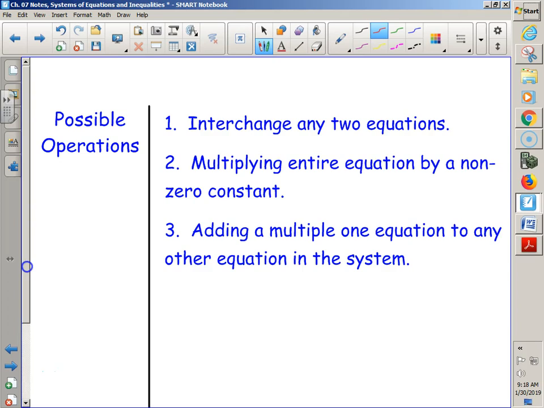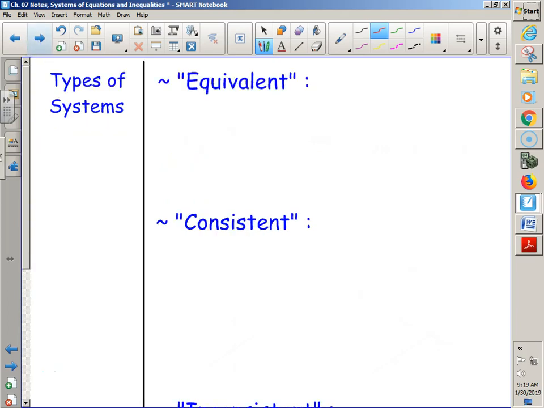Matrices say, give me a 3 by 3, a 4 by 4, a 5 by 5, 6 equations with 6 unknowns, and I'll solve it for you. It's pretty cool, because by hand, 6 equations with 6 unknowns sounds awful, right? So how is the calculator programmed to solve with matrices? Anyway, that's where we're eventually heading. But right here, this is what's legal. We can interchange equations, multiply whole equations by non-zero constants, and add a multiple of one to another.